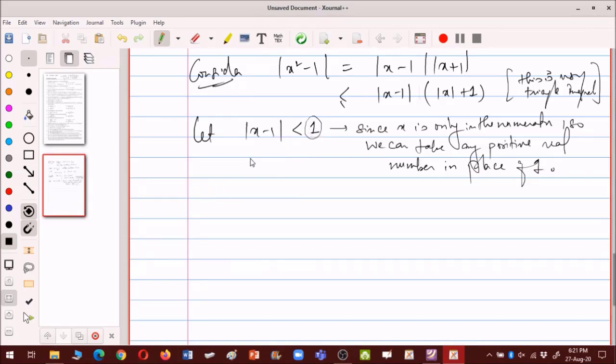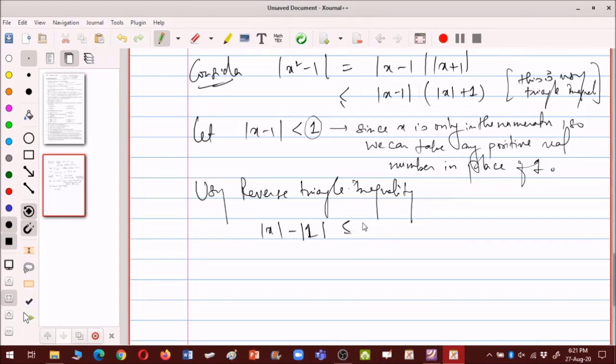Then if I use the reverse triangle inequality, what I have is |x| - |1| is less than or equal to |x - 1|.